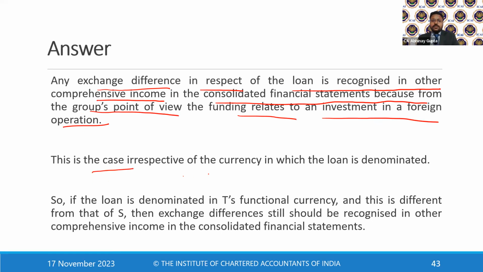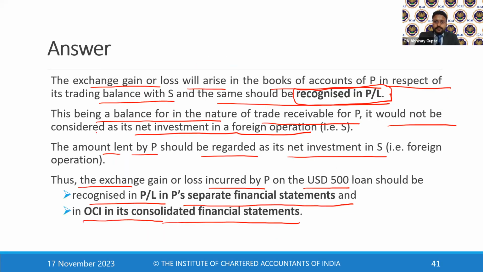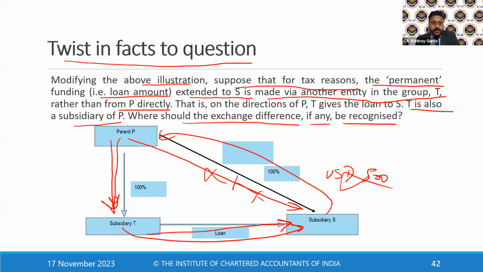This is the case irrespective of the currency in which the loan is denominated. So if the loan is denominated in T's functional currency, now let's get back to the diagram. Suppose in our example, euro was the functional currency of the parent, right? And USD was the functional currency of the subsidiary earlier.